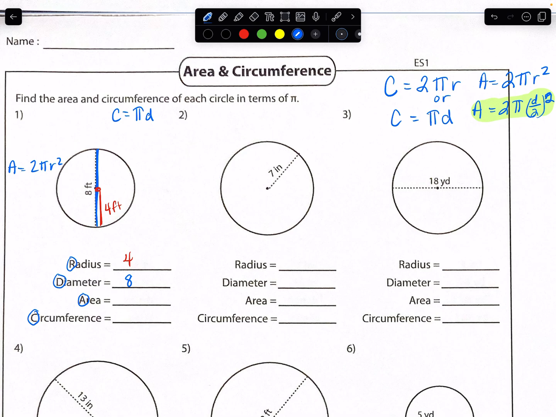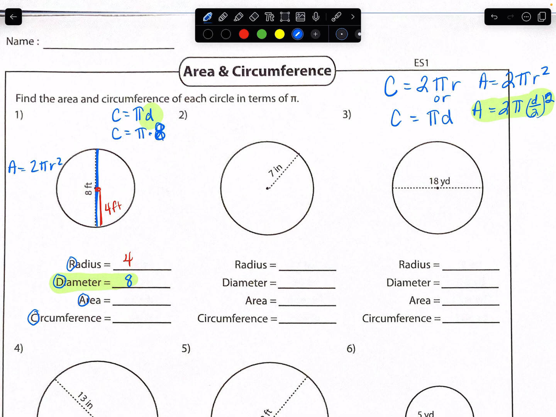So since I have the diameter, I'm going to use that for this one. I'm going to rewrite this as C equals pi times d. Or, sorry, that should say 8 because I am obviously substituting.